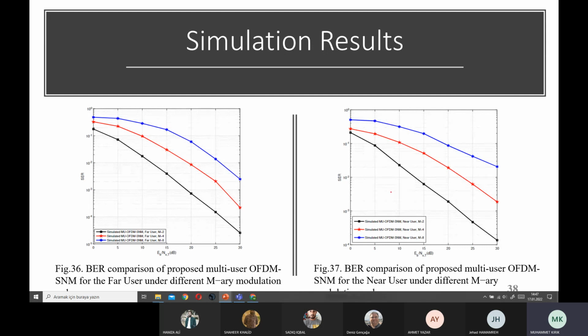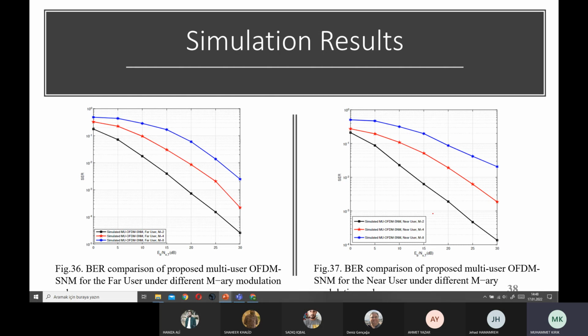So when we do this in MATLAB, we get these results. Figure 36 shows the bit error rate performance of the far user, and figure 37 shows the bit error rate performance of the near user.